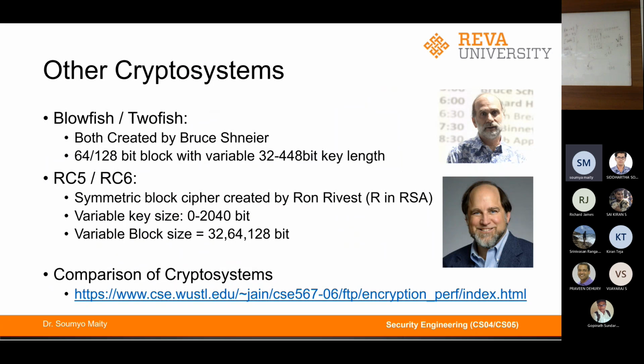This guy is Bruce Schneier. He's still there. In fact, if you go to any Black Hat conference or RSA conference, these guys will be there. Once I had a chance to work with this guy. His name is Ron Rivest. So Ron Rivest is for this RSA crypto system. We know RSA cryptography, which is asymmetric cryptography.